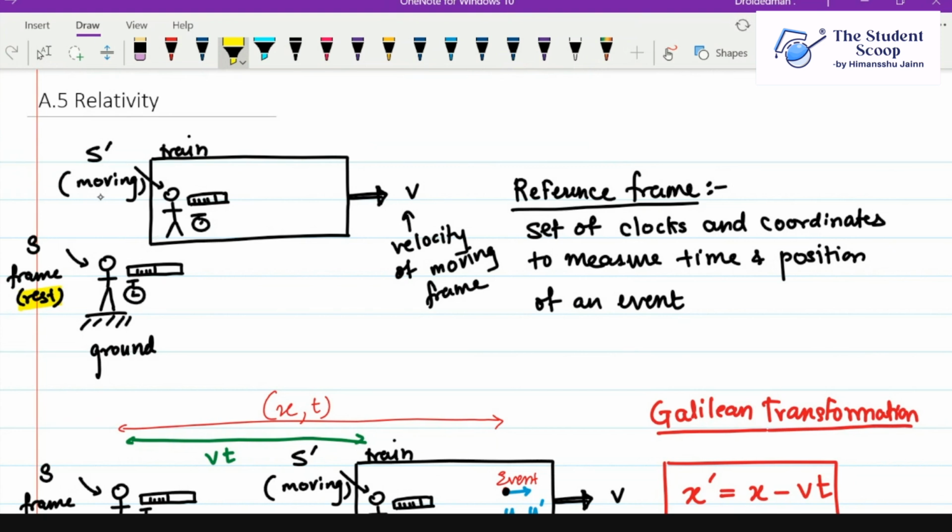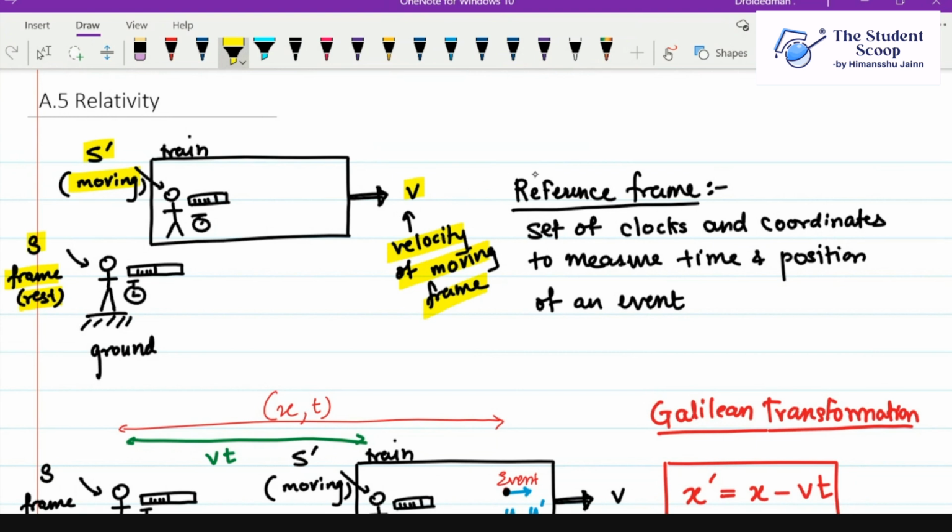Both clocks were synchronized at the beginning of the journey. Once the journey started, the train starts moving with velocity v. So v is the velocity of the moving train, and we will name both these frames S, which is the rest frame, and S dash, which is the moving frame.